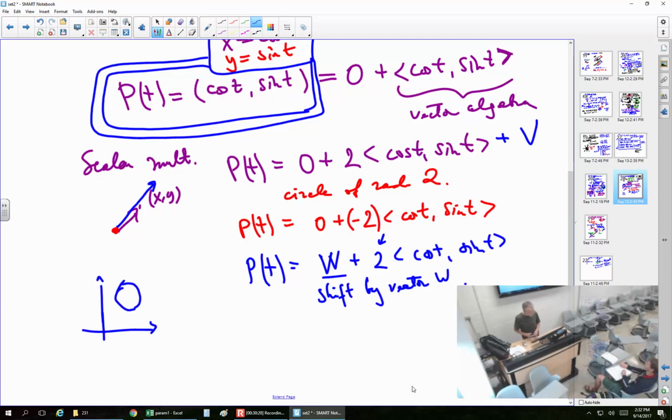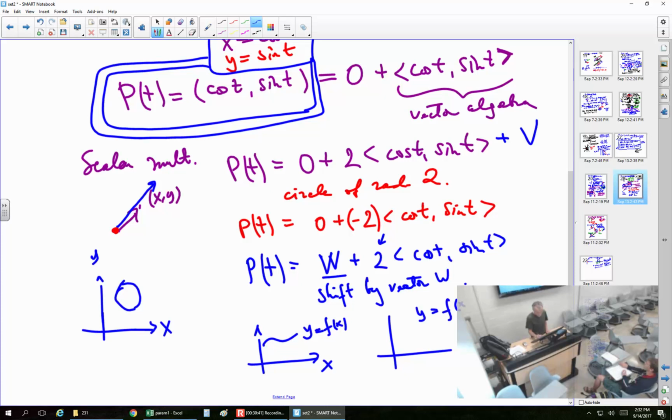Well, let me remind you that both shift and stretch are not entirely unfamiliar. You saw it in Calculus 1. Remember when you had only a function of one variable, with x and y, and you have a graph, y equals f of x, and then you replace it with y equals f of x plus 1, for example.